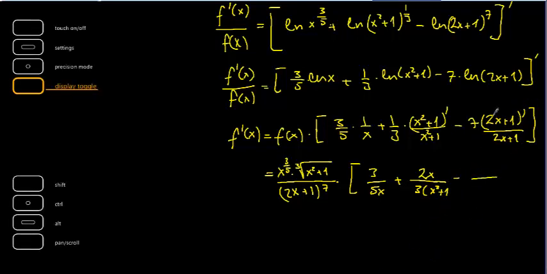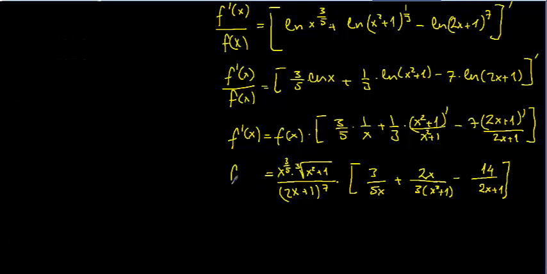The derivative of 2x plus 1 is going to be equal to 2, so minus 7 times 2 is going to be minus 14 over 2x plus 1, it should be. And this is the derivative of the expression.